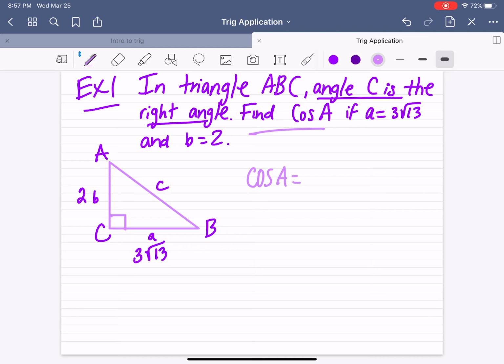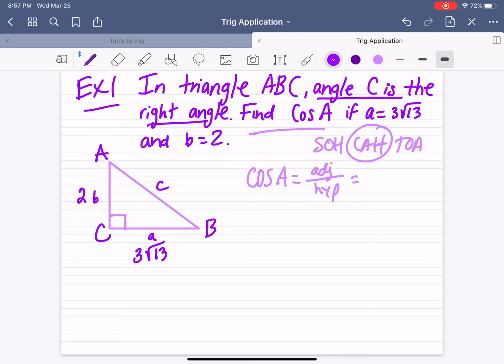Now, in order to do cosine of angle A, we have to go back to SOHCAHTOA. And we're asked to find the cosine of angle A, therefore we're going to use CAH. So the cosine of angle A will be the adjacent over the hypotenuse.